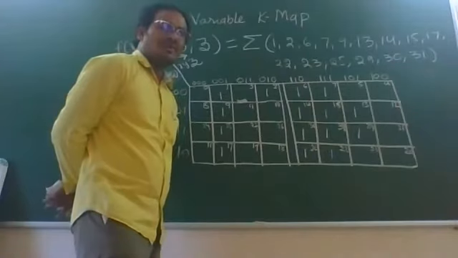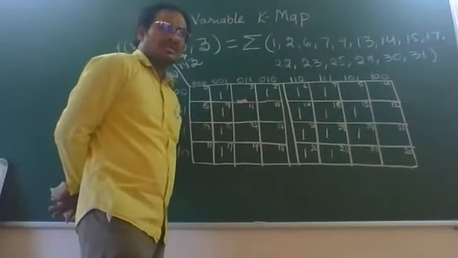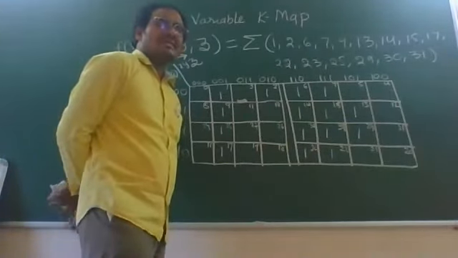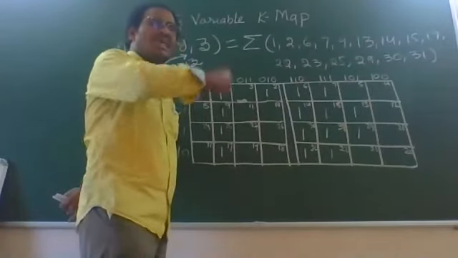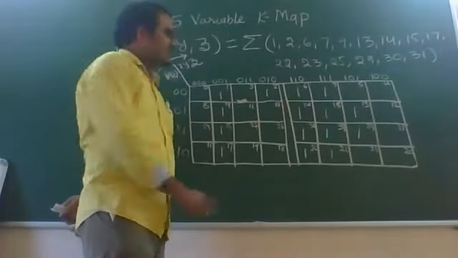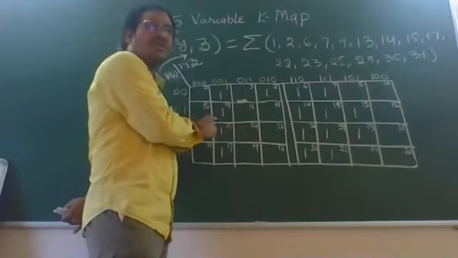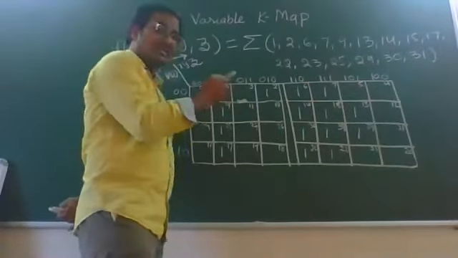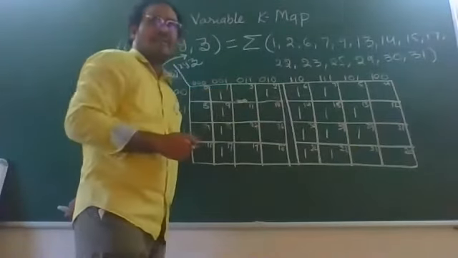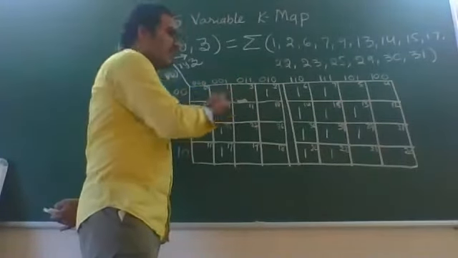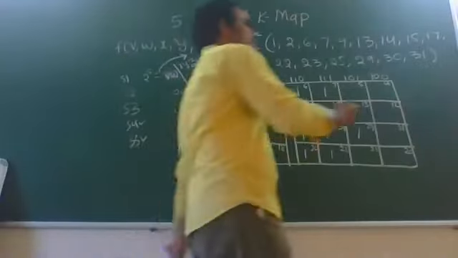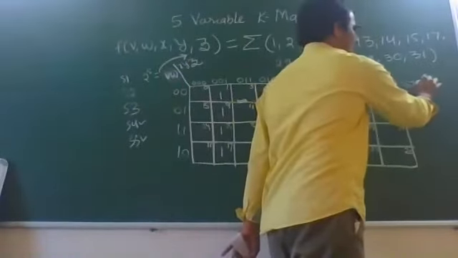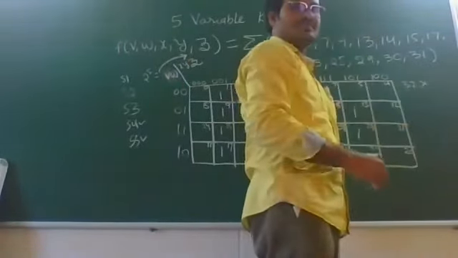To form the subcubes, rule one is we have to ensure that the size of the subcube is as maximum as possible. As this is a 5 variable k map, we have to look for a 32 celled subcube. For that, all the 32 cells must be minterms. As in our problem, all 32 are not minterms, a 32 celled subcube is not possible.